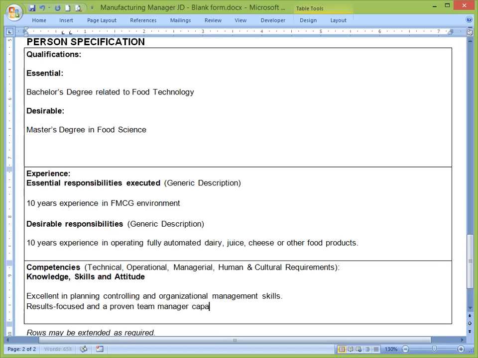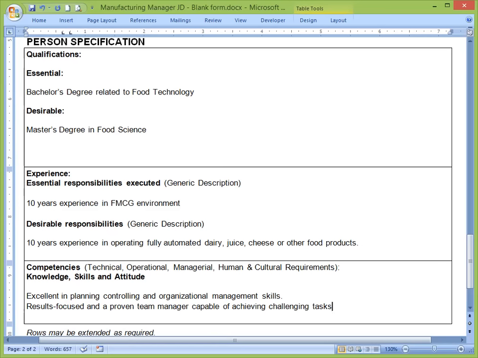You can say capable of achieving challenging tasks, because the manufacturing manager is a problem solver. He has analytical skills. He's a decision maker, making critical decisions in the manufacturing plant.